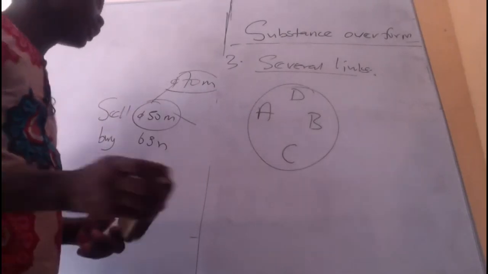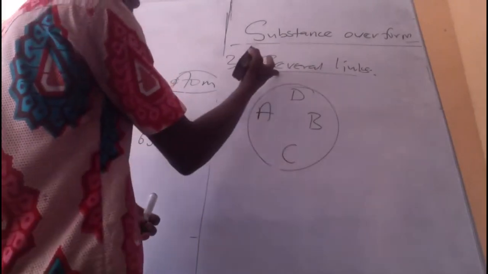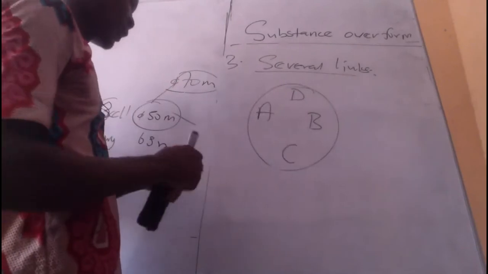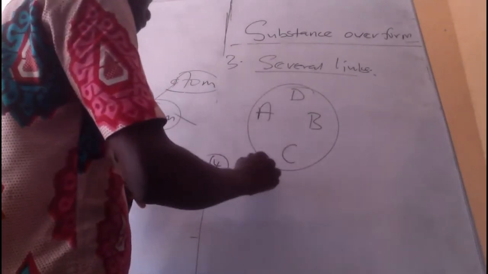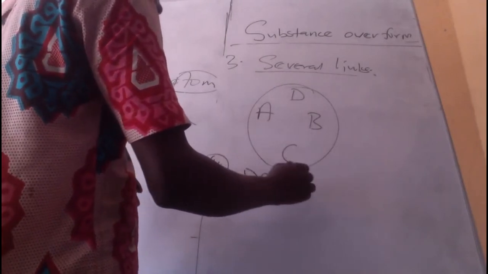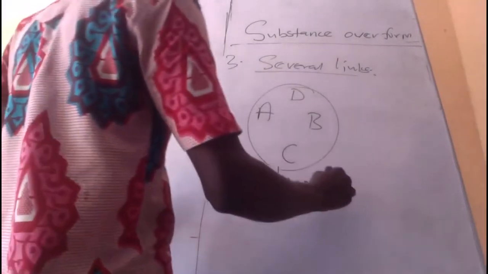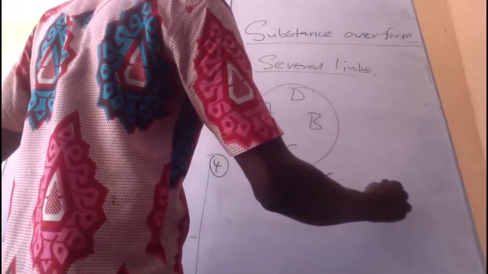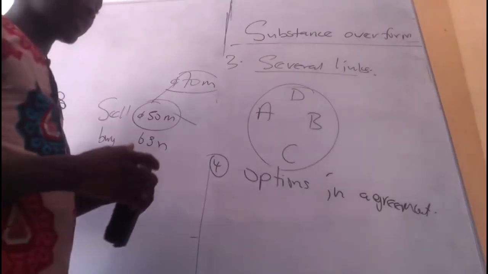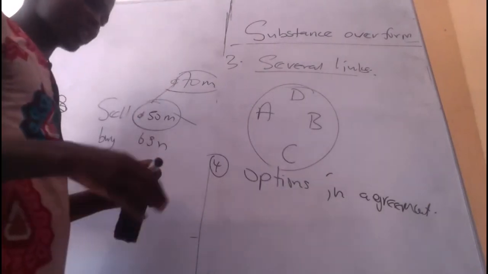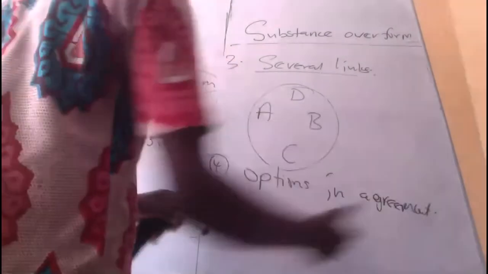And finally, this is what the group account is, right? So let's go to the fourth one, where there are options in agreement. There are options in agreement, or there are options and agreement.